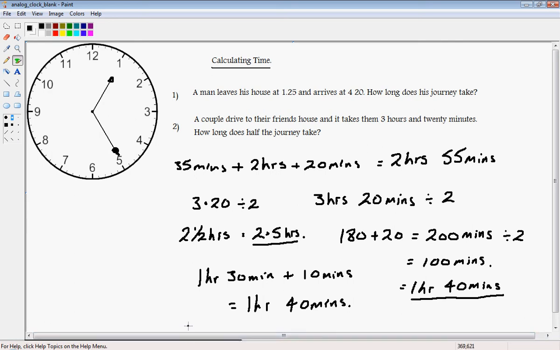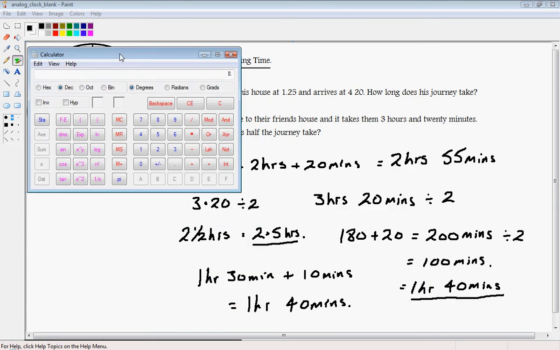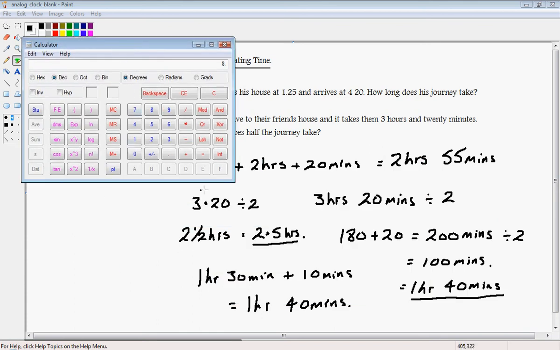Now I'm not saying don't use a calculator for everything being in minutes, but if I actually do this so you can see here, if I have 100 minutes, and I divide that by 60 because we know that there are 60 minutes in an hour, can you see I get this 1.6666666, an infinite number.